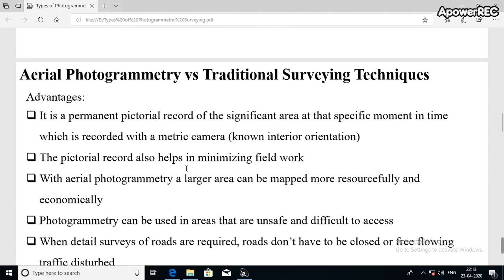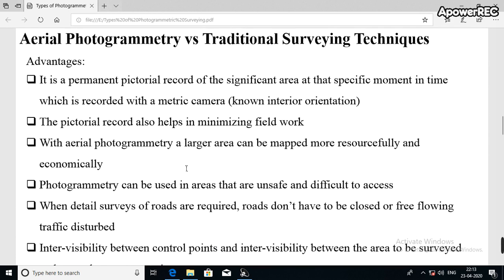Obviously, aerial photogrammetry has some advantages over the traditional surveying methods. These are permanent records. They minimize the field work. A larger area can be captured with economy.